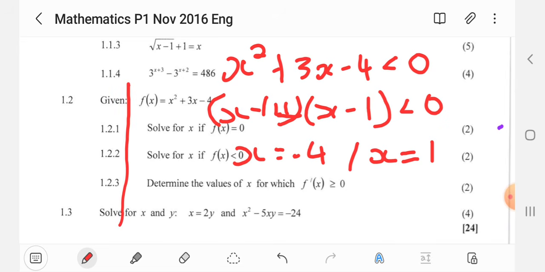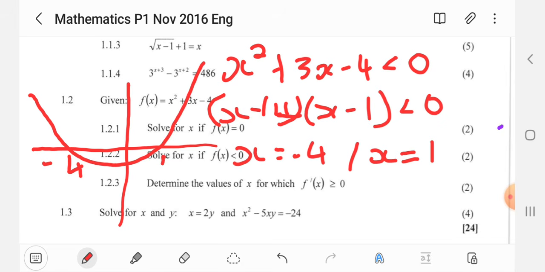And then you draw this, you say 1 here, the positive 1, and the negative 4 this side, and then you say x is an element of the real numbers from negative 4 to 1. So this is the final answer.